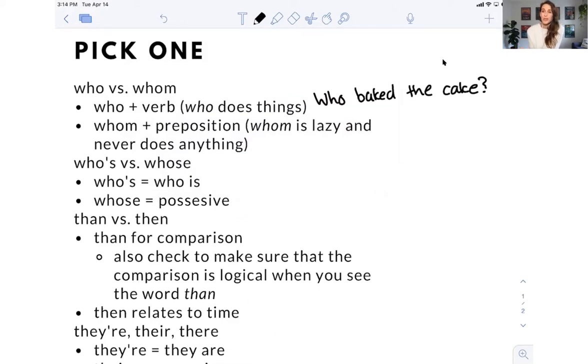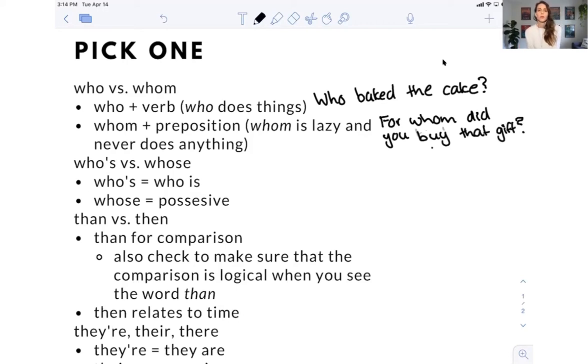Whom, you're usually going to see with a preposition. So for whom did you buy that gift?